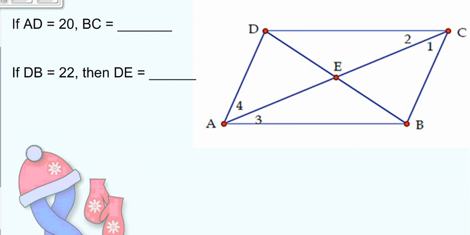It says if AD is 20, so AD is this piece here, so they're telling us that one is 20, please find BC. I would like you to please pause the video here and see if you can figure out what CB will be, and I'll actually list the property underneath when I solve it for you.